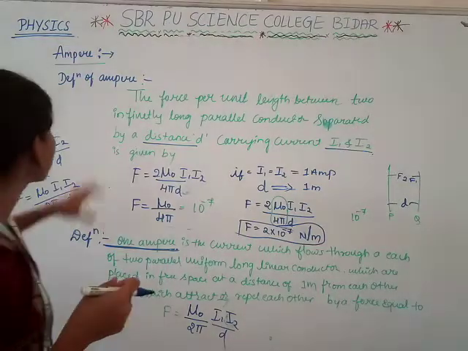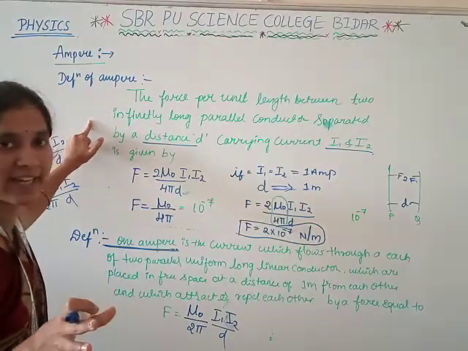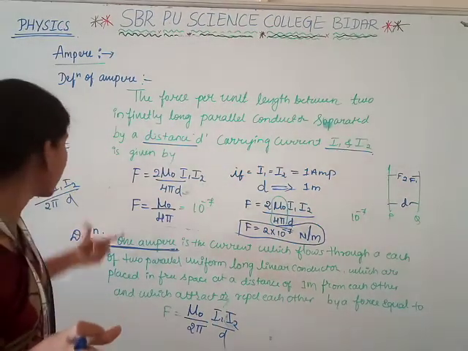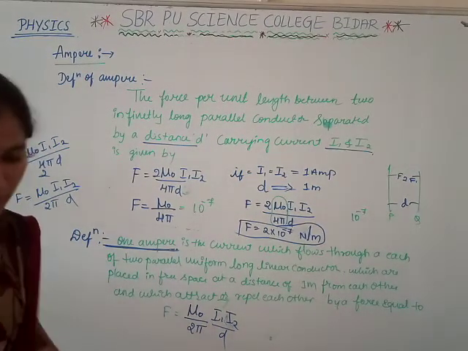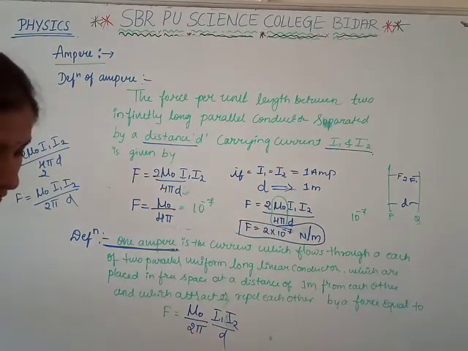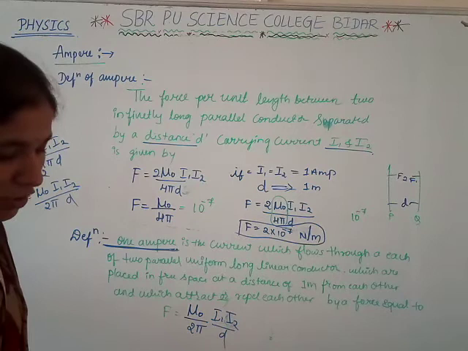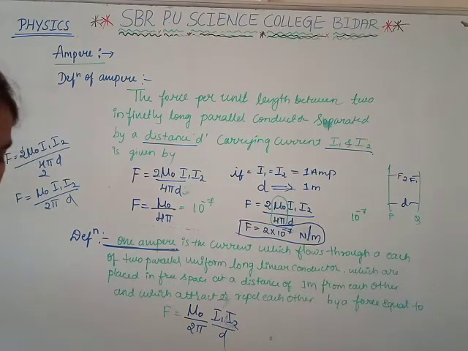In today's class, we studied about the force between two parallel conductors carrying a current and the definition of ampere and the definition of 1 ampere. Okay, in the next class, we are having torque on a rectangular current loop in a uniform magnetic field.